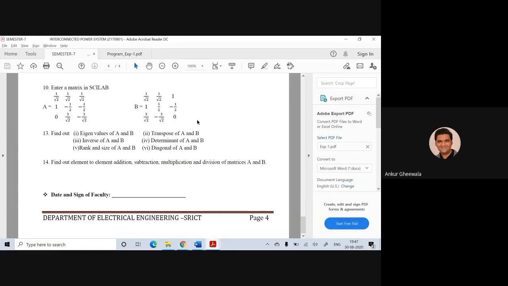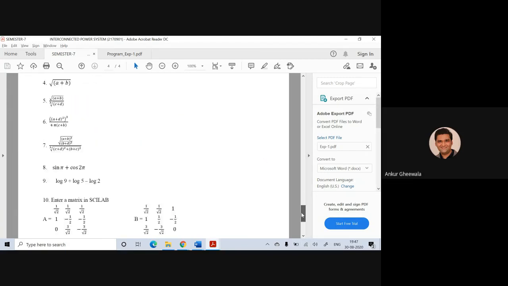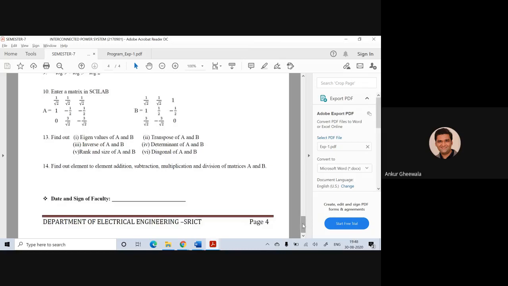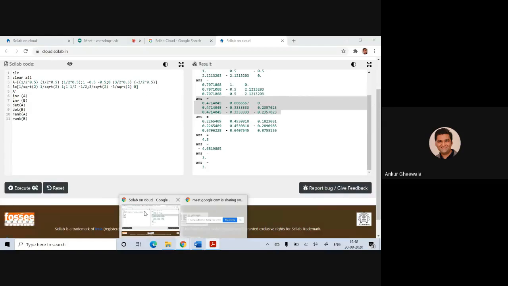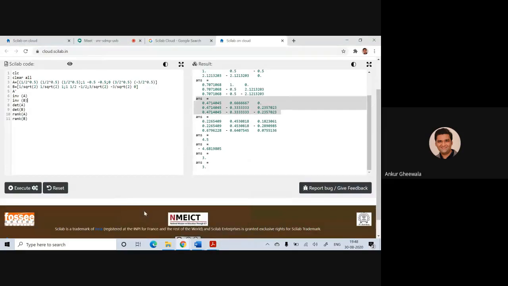Now, what should be the conclusion? The conclusion is: with the help of Scilab, we can do mathematical, trigonometric, as well as different types of matrix operations using Scilab.